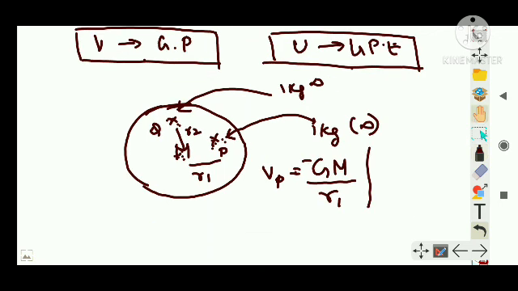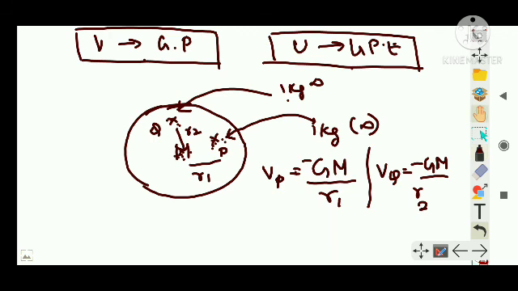Work done in bringing a unit mass from infinity to the point Q, which is at a distance R2 from the source mass capital M, is the potential VQ. So VQ is equal to minus GM by R2.